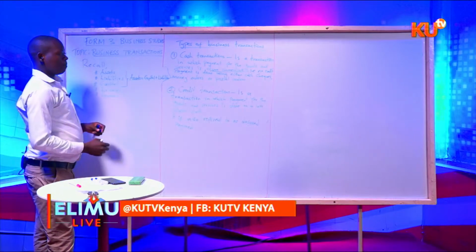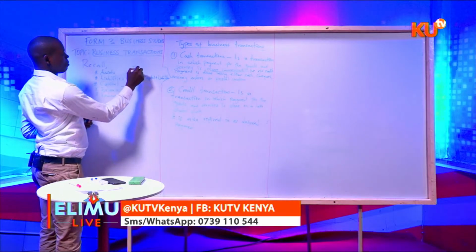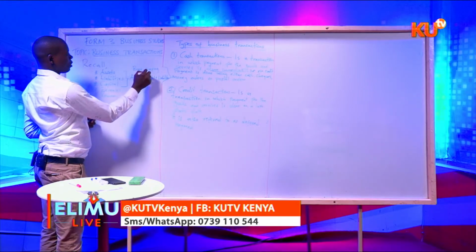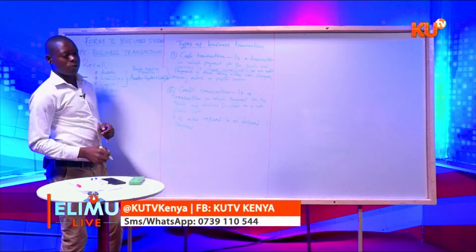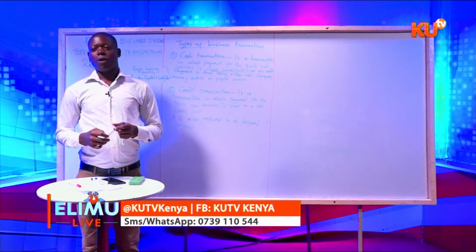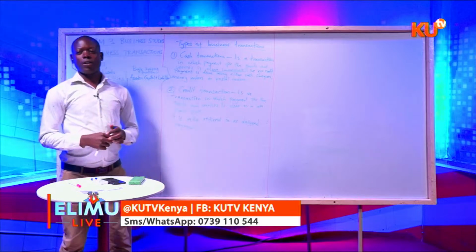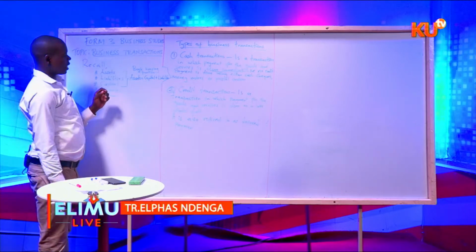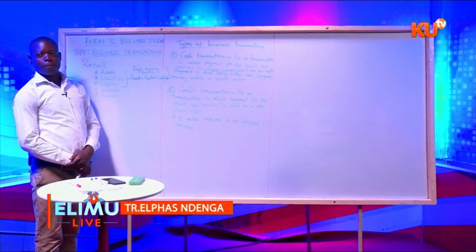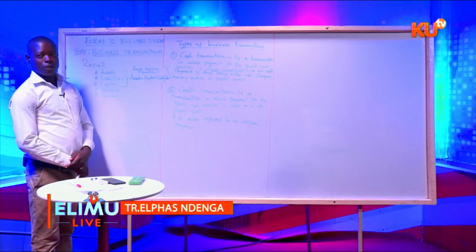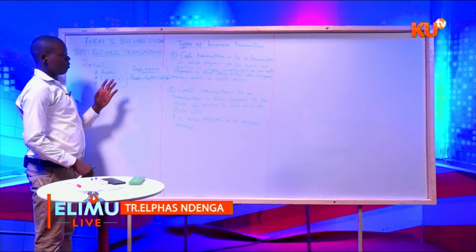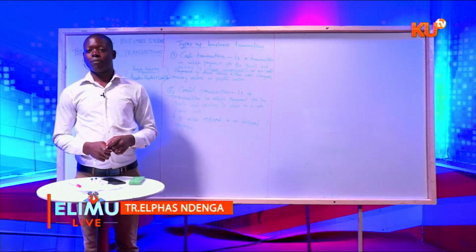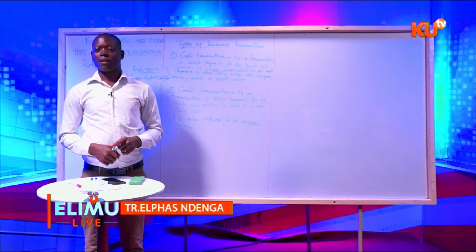That is the bookkeeping equation, and it is also referred to as the accounting equation. Why do we need to understand this equation? It's because in business transactions, we discuss the component we call capital. So from this view, what is capital? Students, as we discussed in our previous lesson, what is capital?